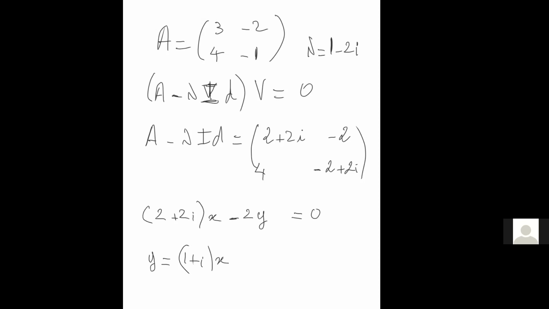So the simplest eigenvector that I can get is v equals 1 plus i, and I can write it as 1, 0 plus i times 0, 1. And so v1 is the real part of v, and v2 is the imaginary part of v.